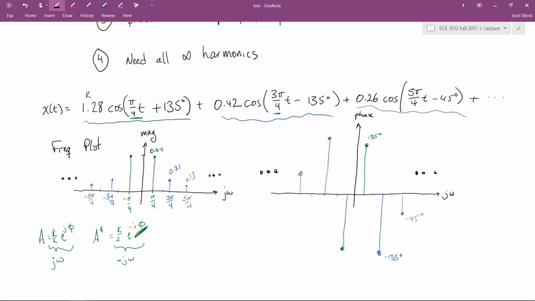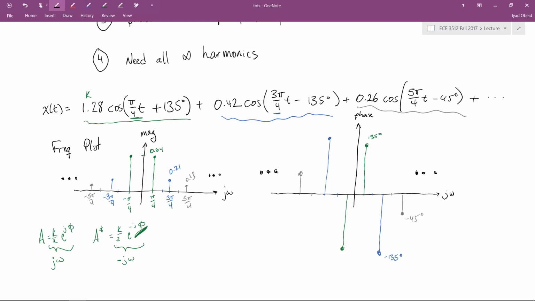Each point represents a cosine. You can work out the frequency, amplitude, and phase of each of those cosines, repeat that for each stick, and add them together, and you've got your time signal. So we're in good shape.